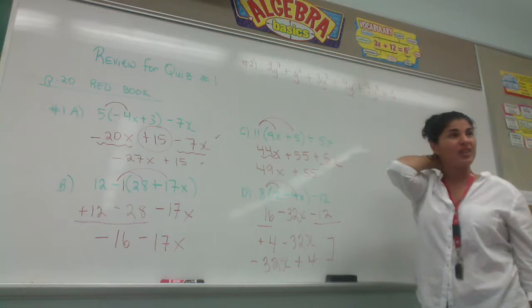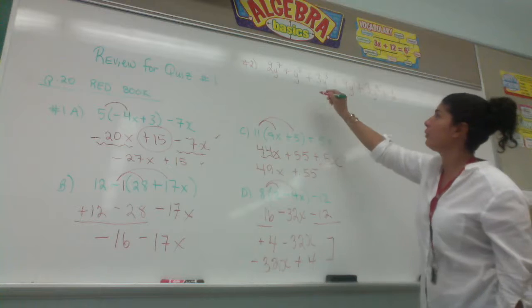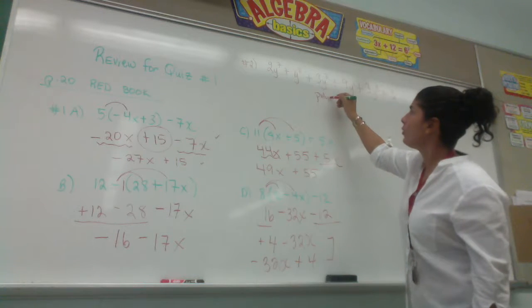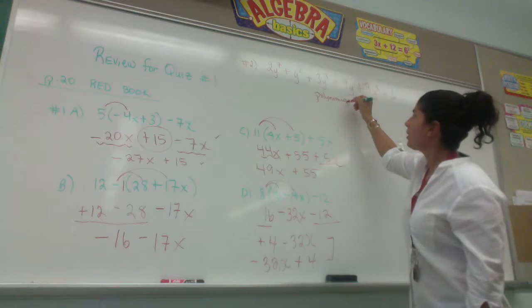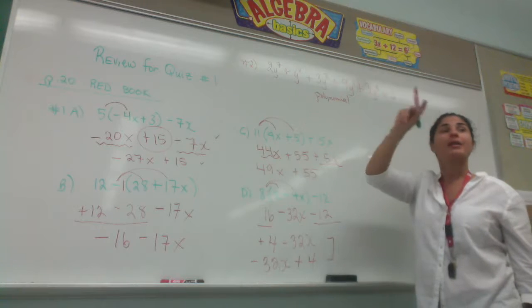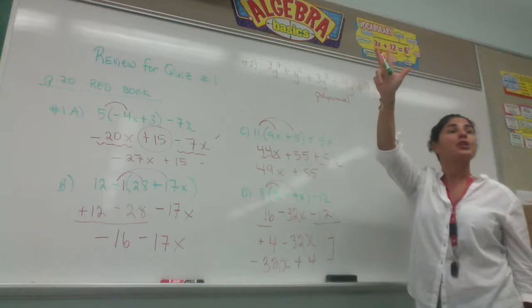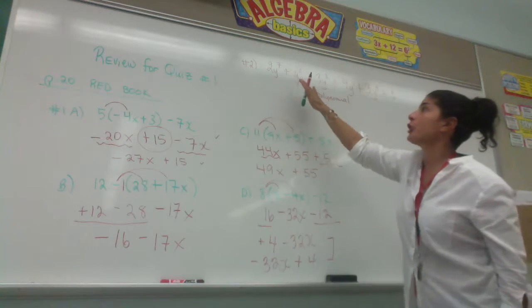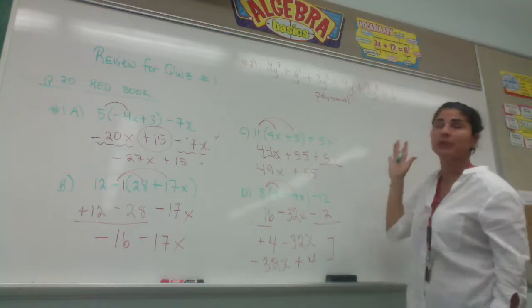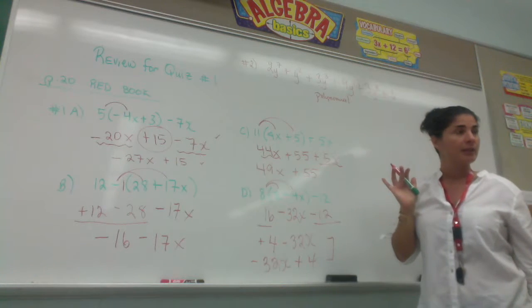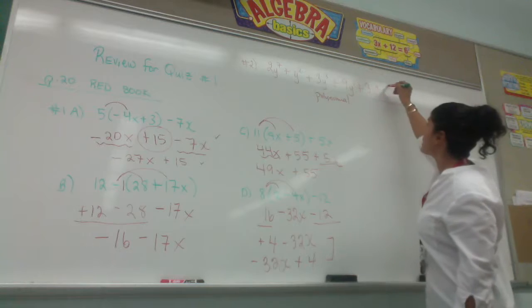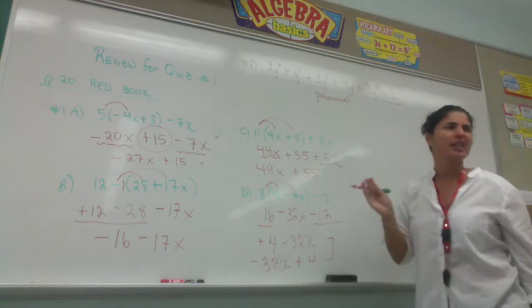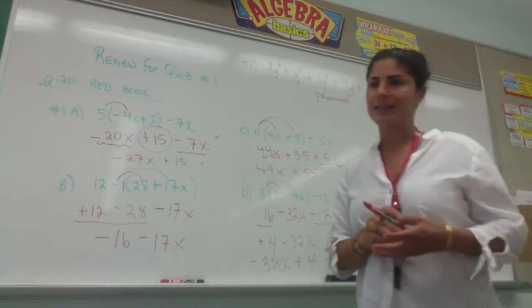So therefore, this is called a polynomial. Polynomial means more than 3 terms. Each term is separated by a plus or a minus. The constant is 6. Now the question didn't ask that. What did the question ask?